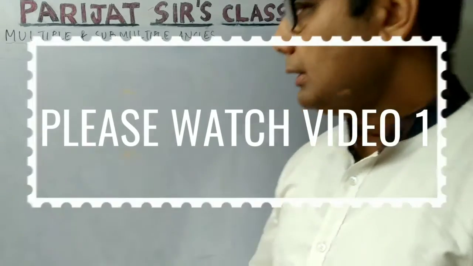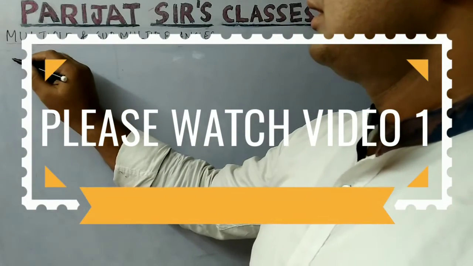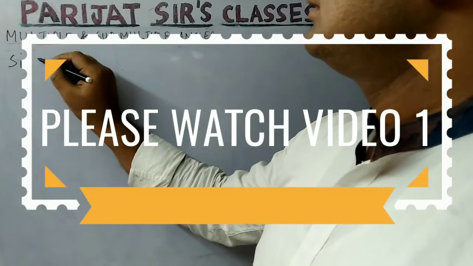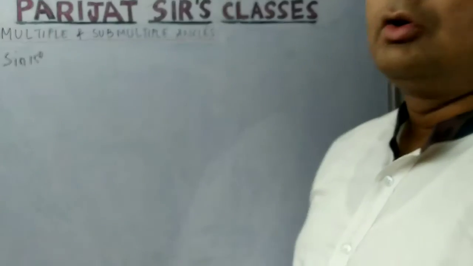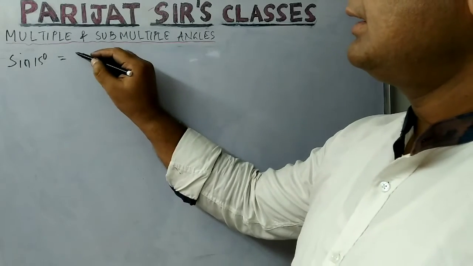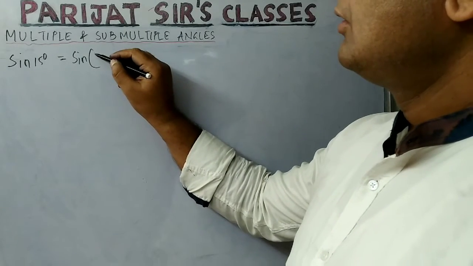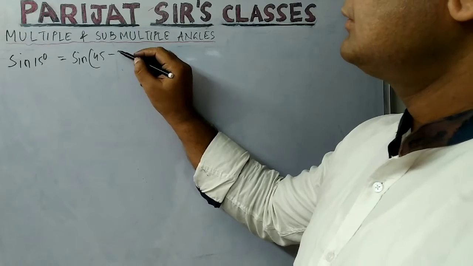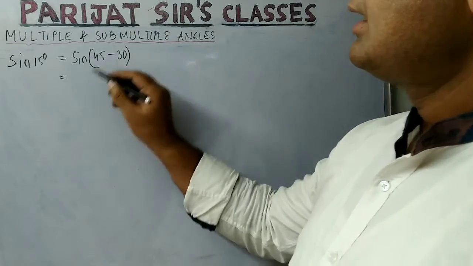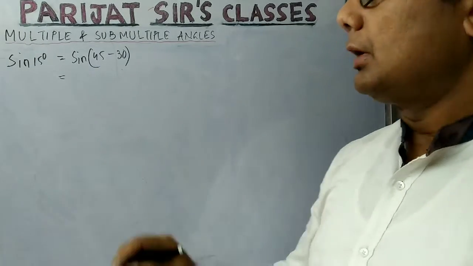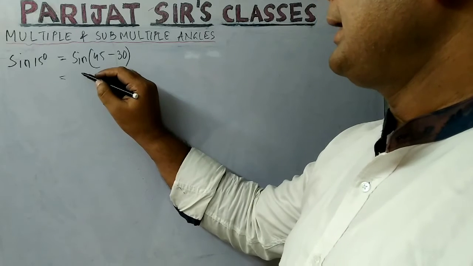So first of all, let us see how to find sine 15 degree. I can write it as sine of 45 minus 30. This is 15 degree, and this is sine A minus B's formula. So what is sine A minus B?